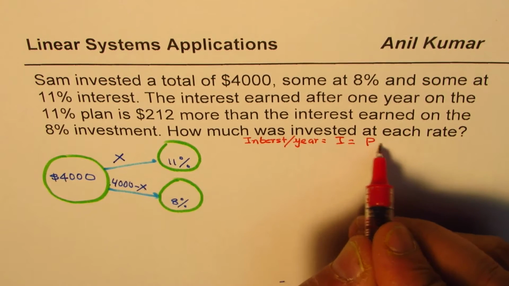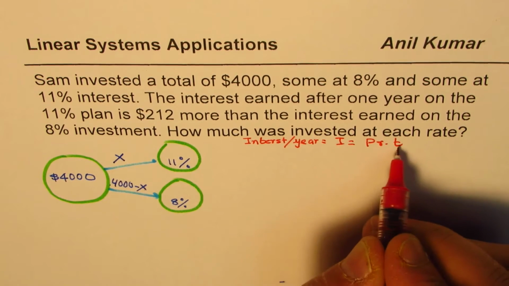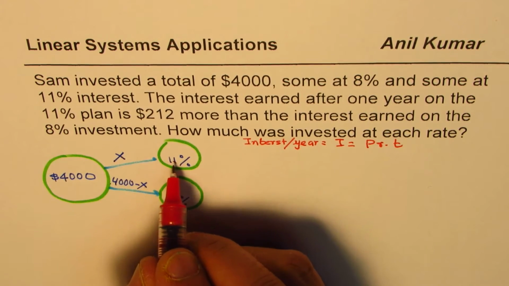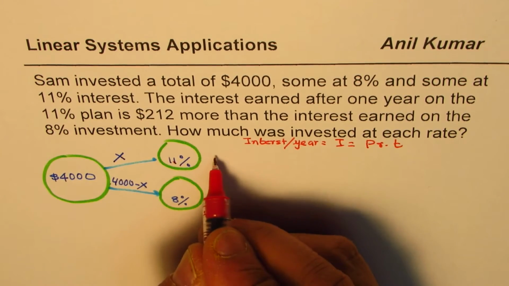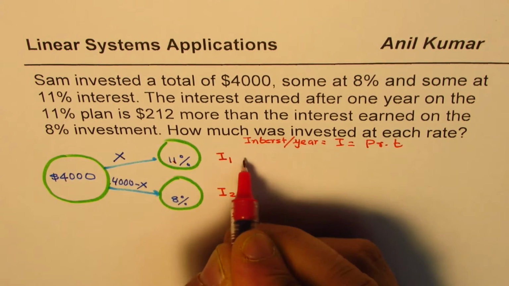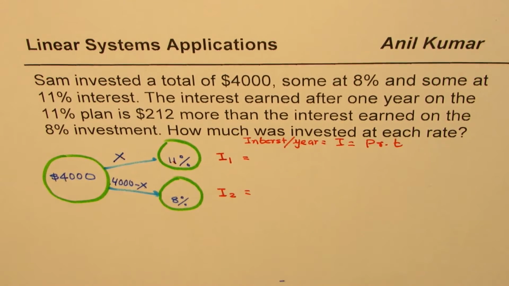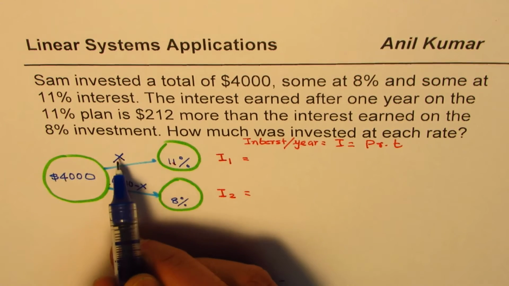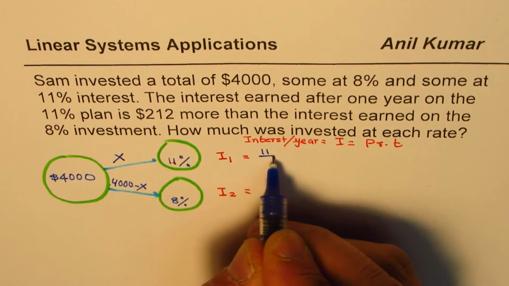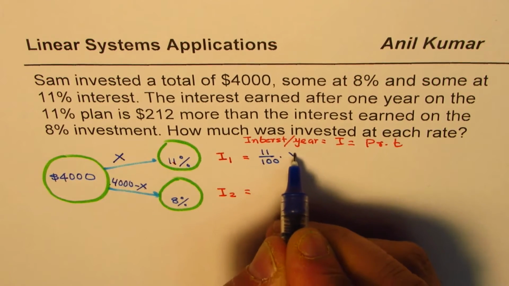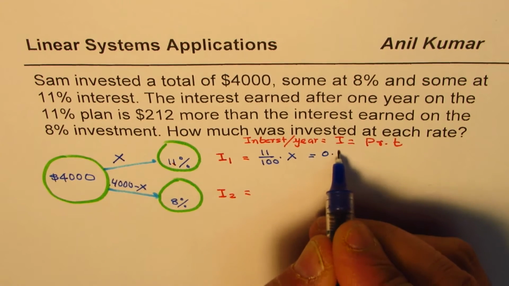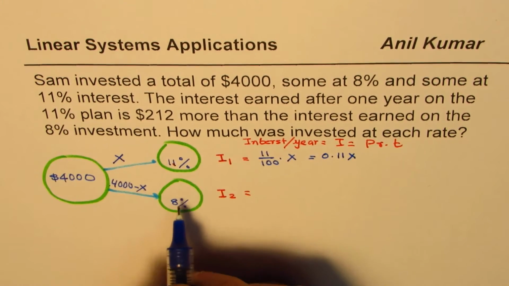It is principal, rate, and time. So if time is 1, it is multiplication of what you invest into what rate you get. So this interest, let me call this I1, and let me call this interest I2. So I1 will be 11% of X. 11% of X means you could say 11 over 100 times X, or you could say it is 0.11X.